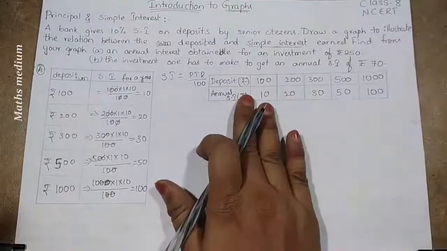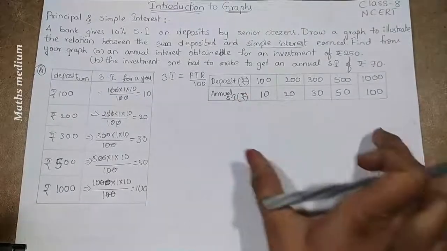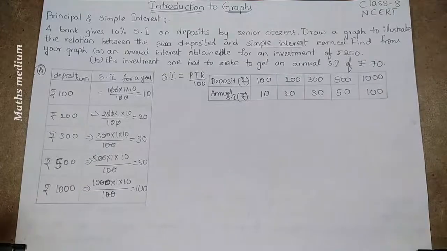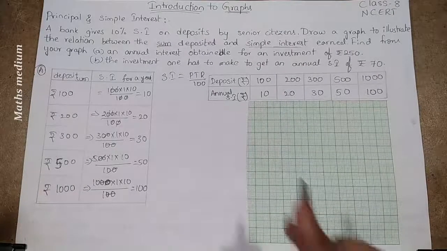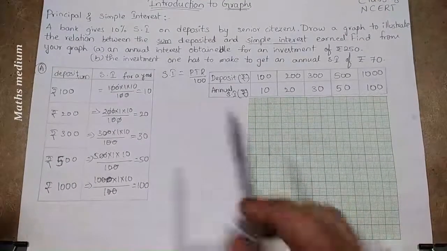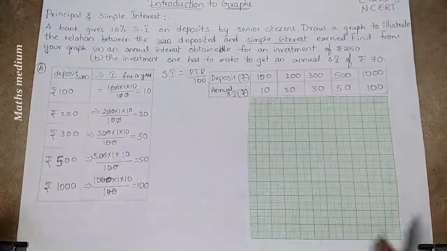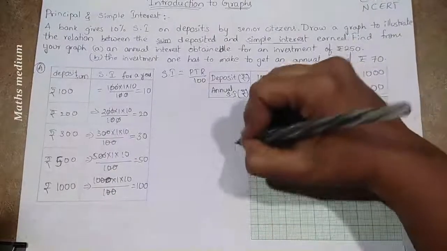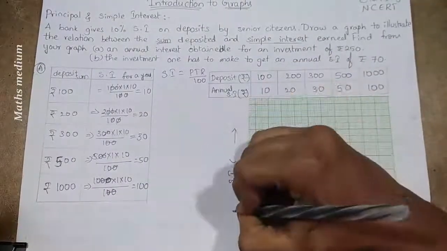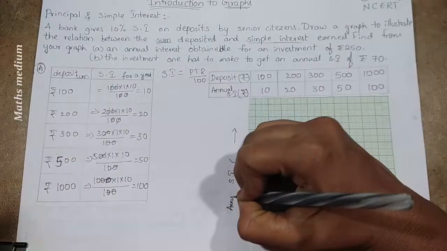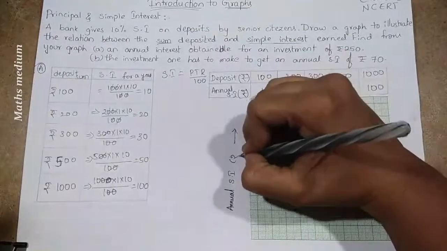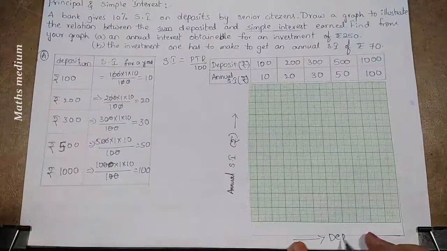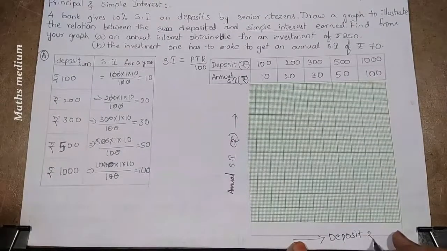So by using this tabular form, we are going to take the graph here. So let's take the graph. So this is the graph we took. Now I am taking deposits on the x-axis and annual SI on the y-axis. So here annual SI, because we calculated for 1 year, in rupees, and this is deposit in rupees.